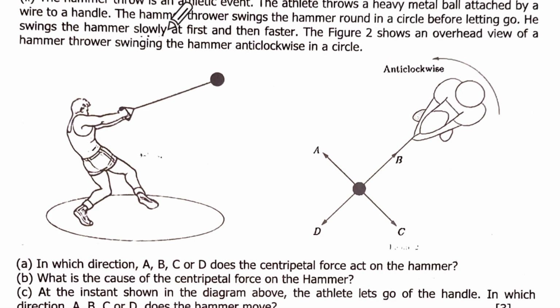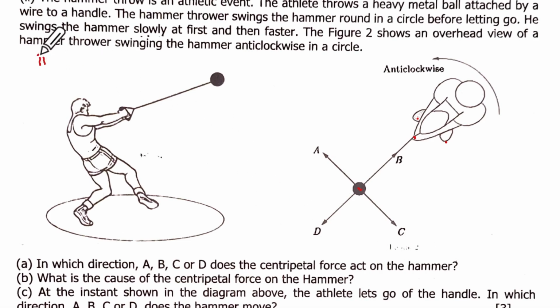So he swings the hammer slowly first and then faster. Figure 2 shows the overhead view. So this is the hammer thrower, these are his legs, these are his hands, this is the handle, and this is the hammer.